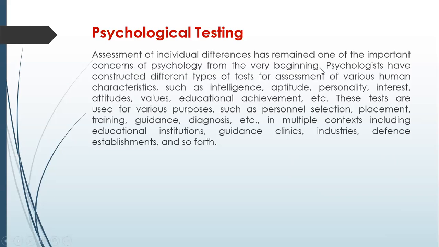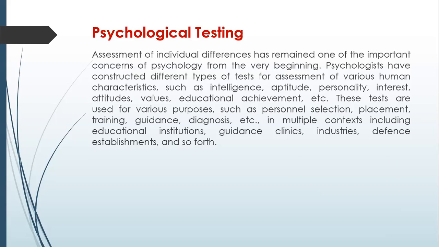If you can recall the methods, observation, correlation, all these things are dealt with in a comparative way. But here, on an average basis, these methods are useful for a large group, but psychological testing can particularly deal with an individual.